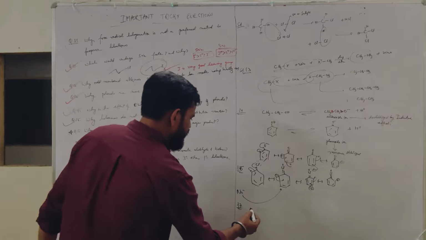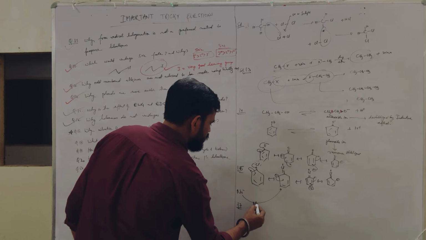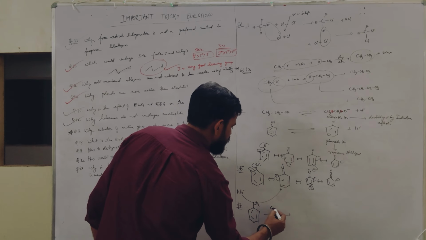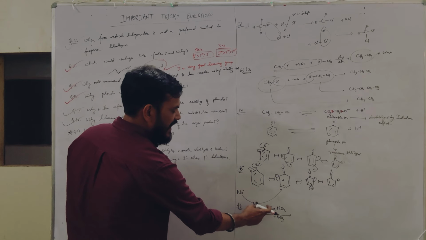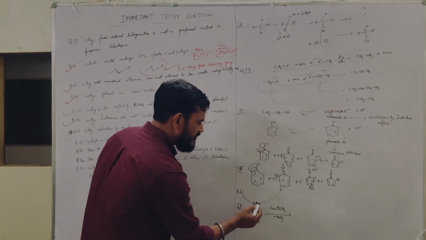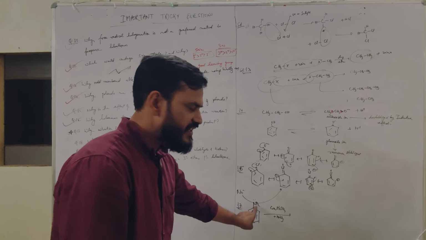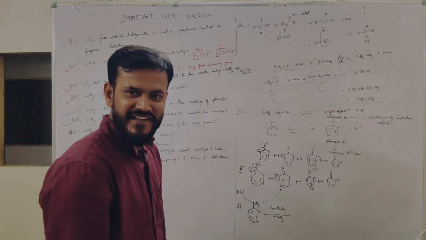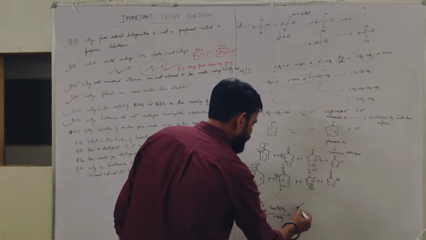Now you see, nitration generally takes place in acidic medium, concentrated sulfuric acid plus concentrated nitric acid. Now in acidic medium, the amine group here is basic. So what happens? It gets converted to anilinium ion. So it accepts one H plus and gets converted to NH3 plus.